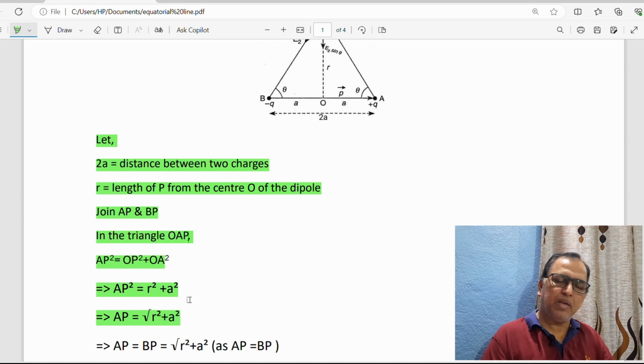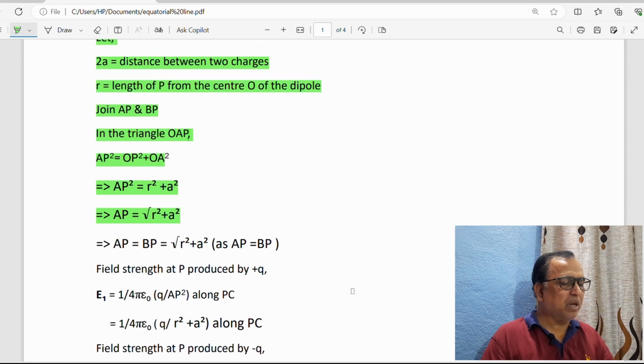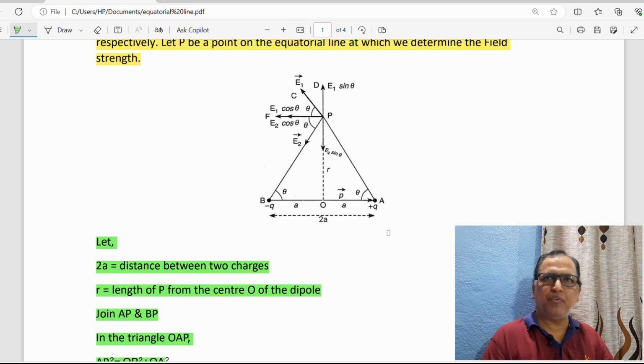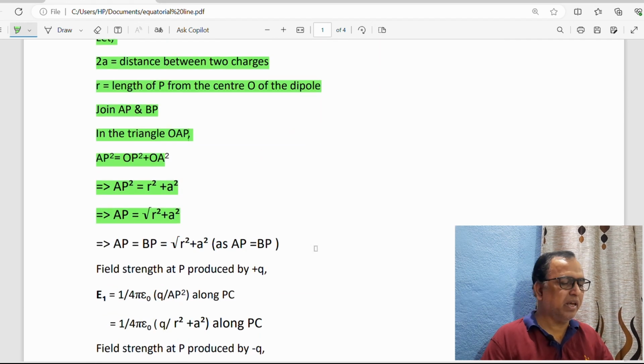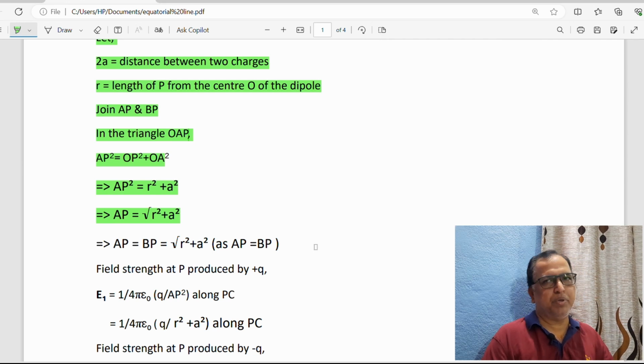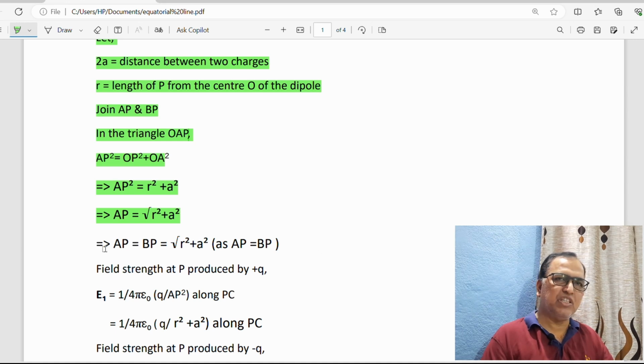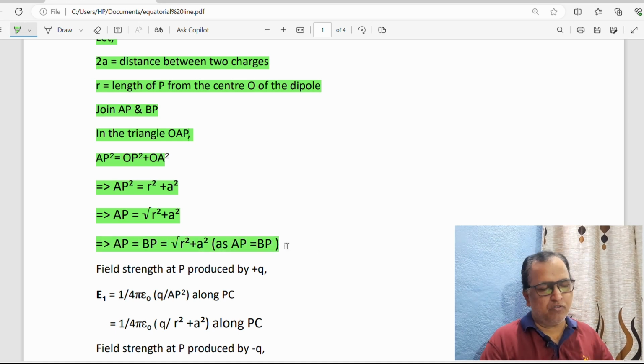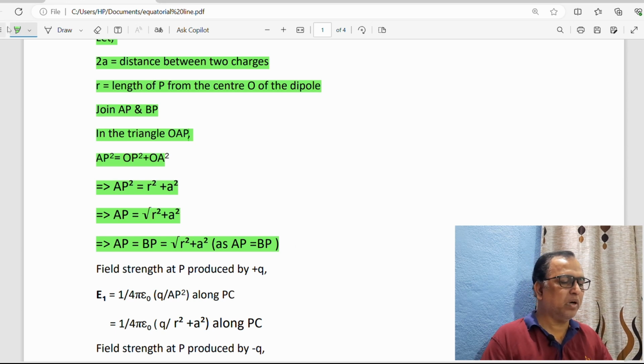So what is AP? AP is the square root of r square plus a square. In this case, AP is equal to BP, so AP is equal to BP is equal to the square root of r square plus a square.